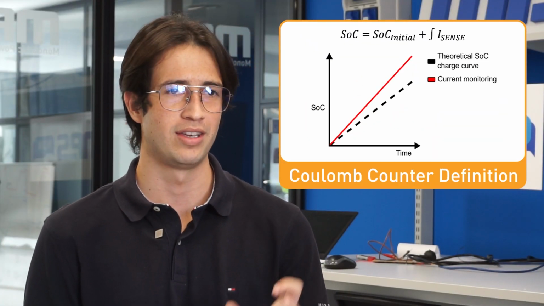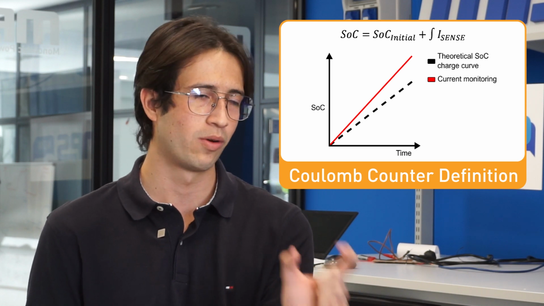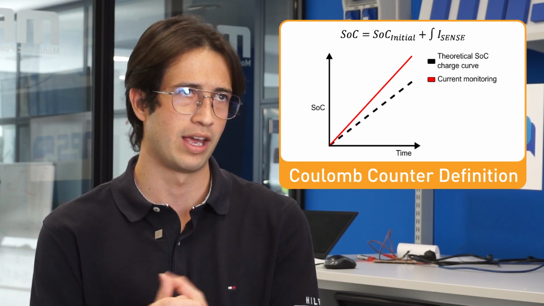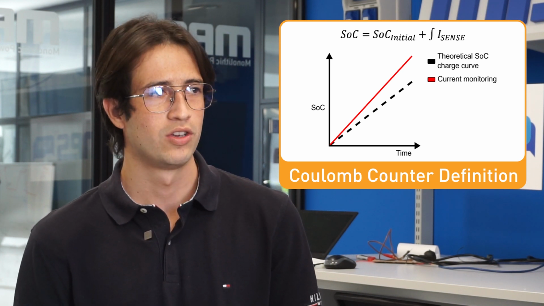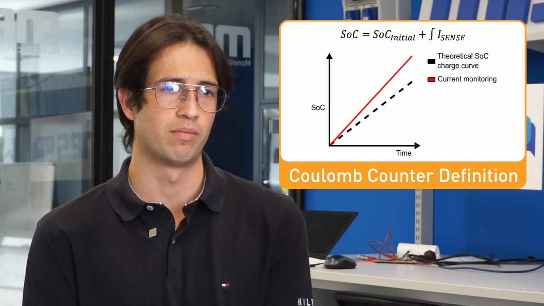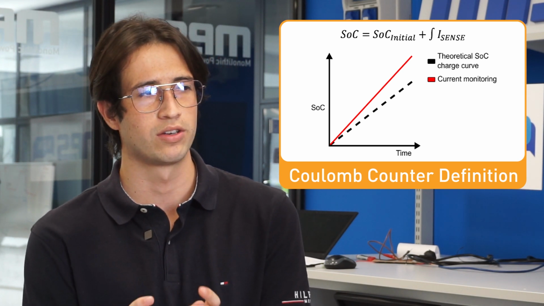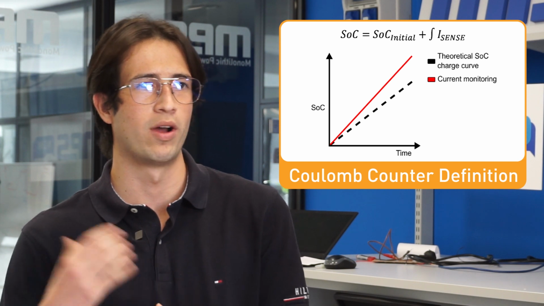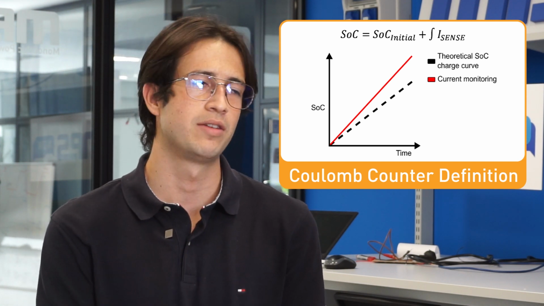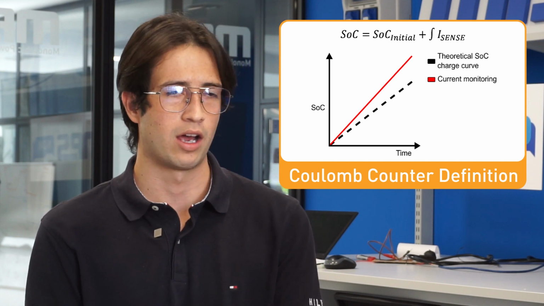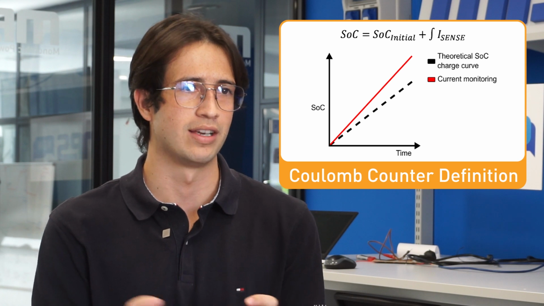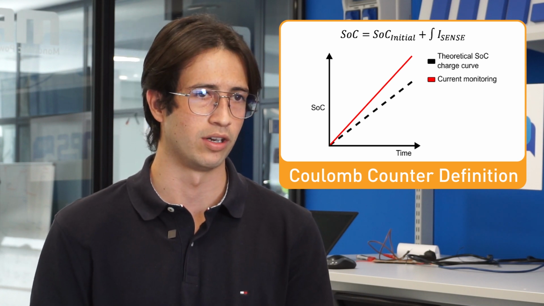So you grab this integrated current measurement, and you divide it by the maximum capacity. So you have a number, and this could be the percentage of capacity that went in or out of the battery. If you have this value, you also compute the initial state of charge, so you can know the total state of charge of your battery.